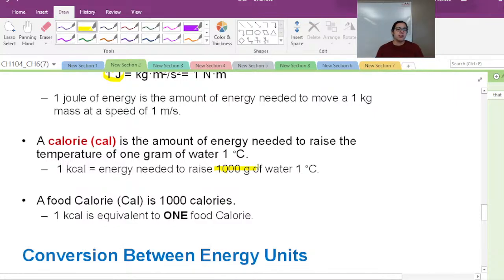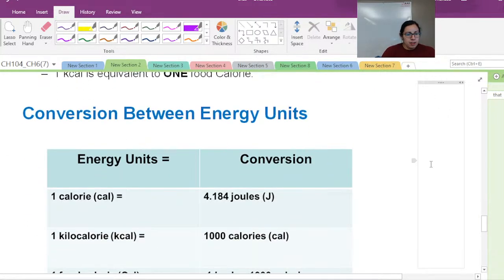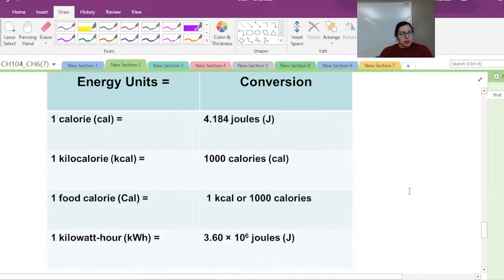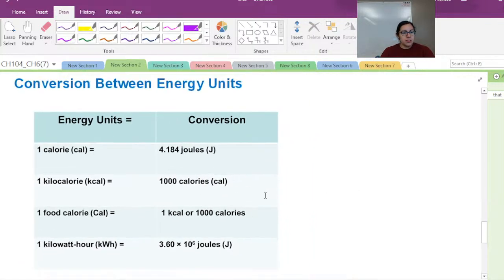And so now the depressing part is that your food calorie is 1,000 little calories. So that's a lot of calories. So that energy can add up, again, when you think about it. And so then more energy conversions.